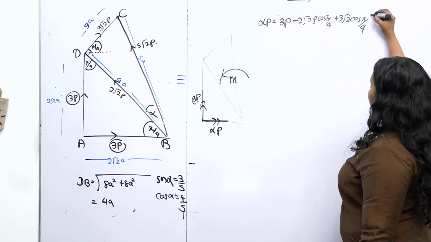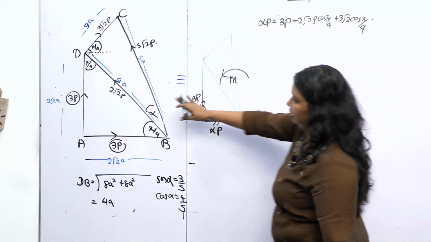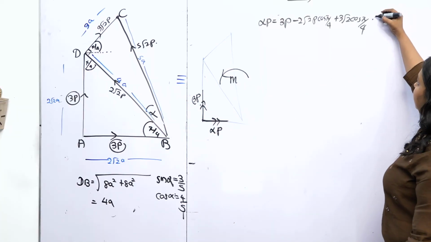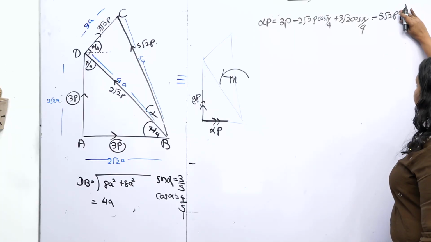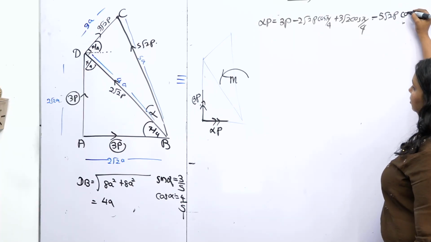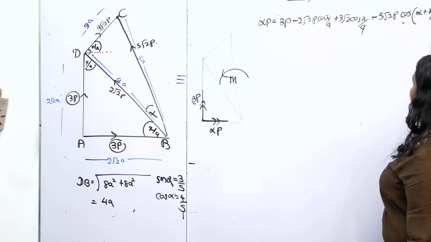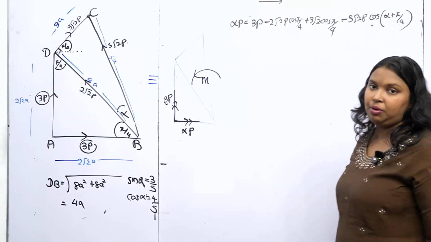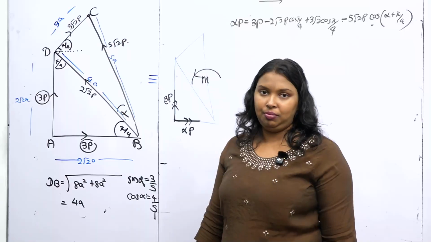It is minus, because it acts in this direction, so when resolved the component will be in this direction. So minus 5 root 2p cos of alpha plus 5 by 4. You know how to write it: cos of alpha plus 5 by 4 means cos alpha cos 5 by 4 minus sin alpha sin 5 by 4.